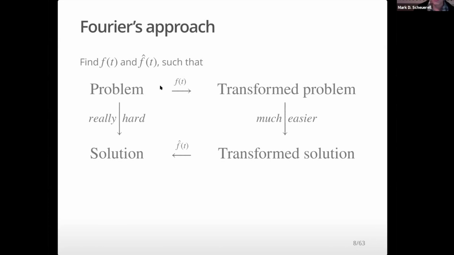So what if we had some function f of t and some inverse, I'm calling this f hat of t, such that we could move our problem into some transformed space and then in a much easier path, get to a transformed solution, and then map that back onto our real solution. That's essentially the essence of Fourier analysis: figure out this transform and figure out its inverse. Then you don't have to deal with this really hard path here. You can take a much easier route through here.